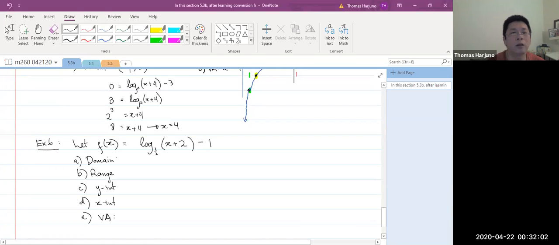Okay, the domain is -2 to infinity. The range is all real numbers, I'm sorry. The y-intercept, f(0) equals log base 1/2 of 2 minus 1. Now, what is log base 1/2 of 2?